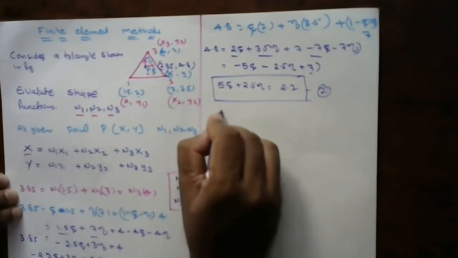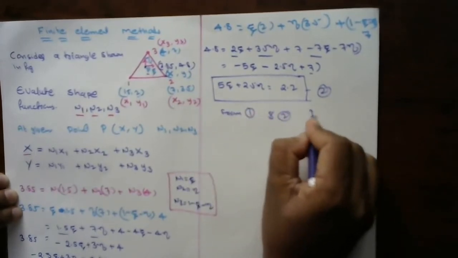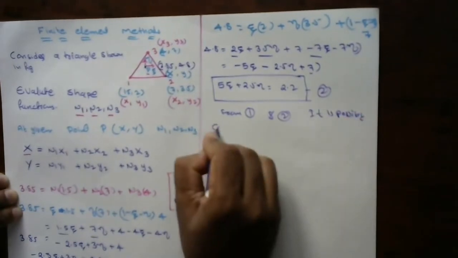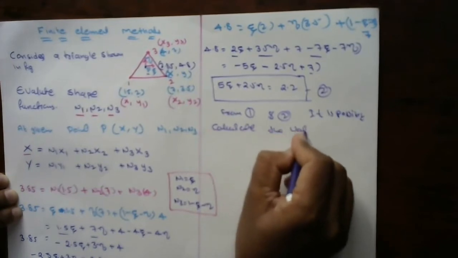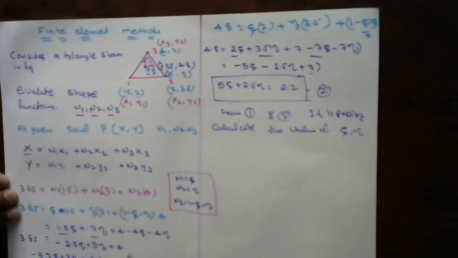So from equation 1 and 2, it is possible to calculate the value of zeta and eta, because here there are 2 equations and 2 unknowns. So from these 2 equations with 2 unknowns, it is possible to write down the zeta and eta values.